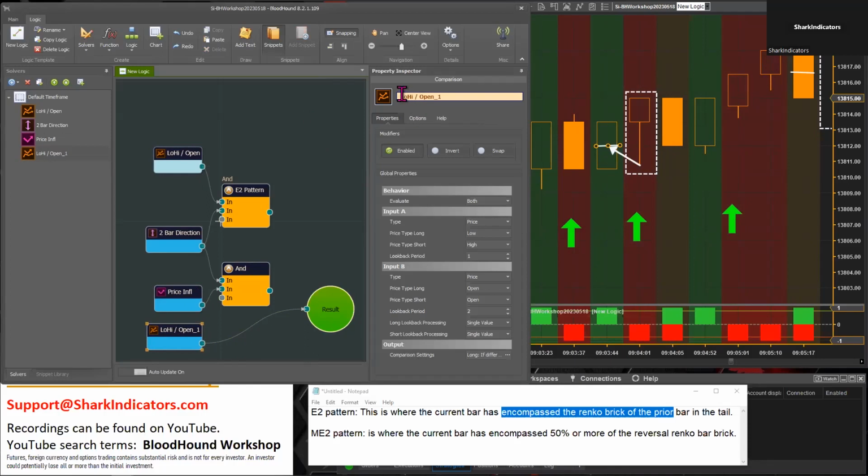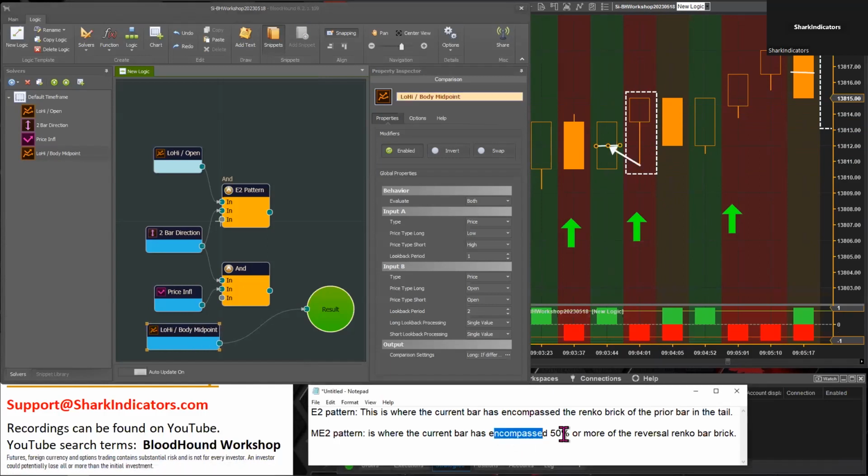So again, we are comparing the low, right? So for a long signal here, this is going to be a long signal. We are comparing the low to, this time not the open, but the body midpoint.